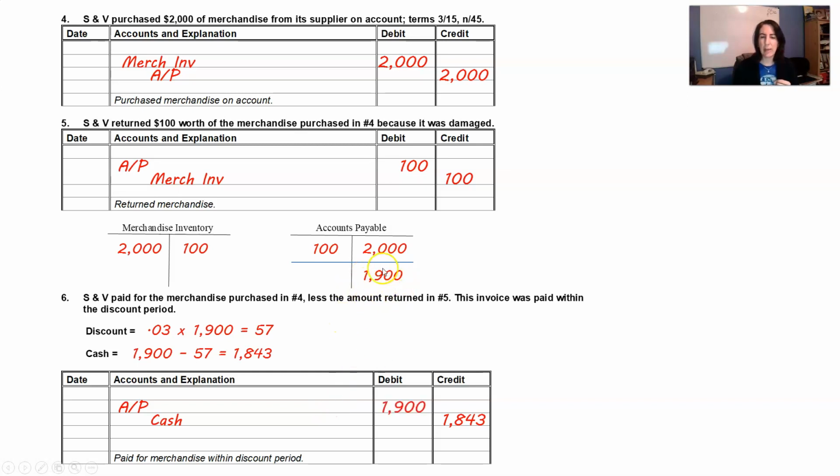The reason is, if we just debited $1,843 here, and you had a $1,900 credit and a $1,843 debit, it's going to look like you still owe them $57 because it will never clear out. That's not what you want. So we're going to debit it for its full amount of $1,900. And then what do we do with this last $57? Because right now we don't balance. Well, that last $57 is going to reduce your merchandise inventory.